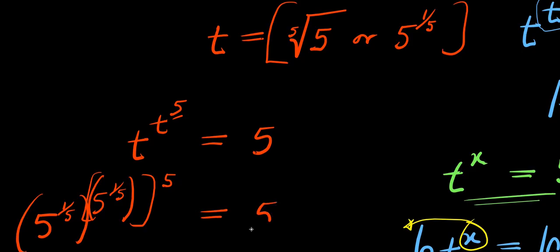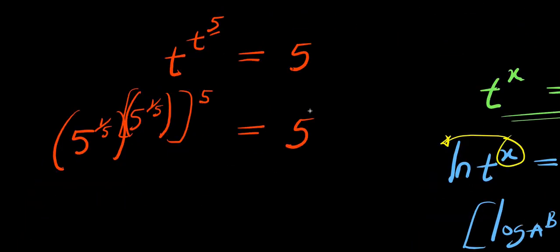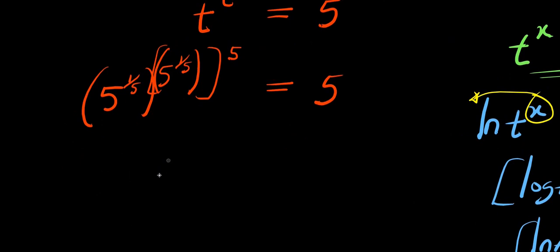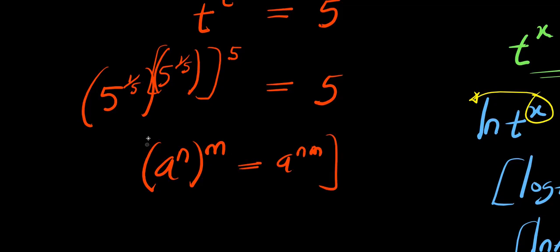Is this equal to 5? We can apply this identity: a power n raised to the power of m equals a power n times m. 1 over 5 will multiply 5. This cancels this. So we have 5 left.